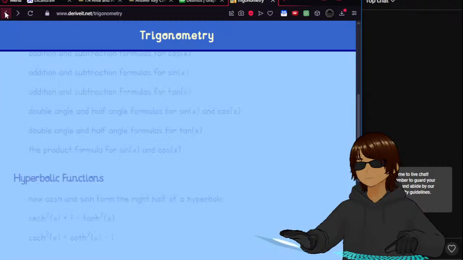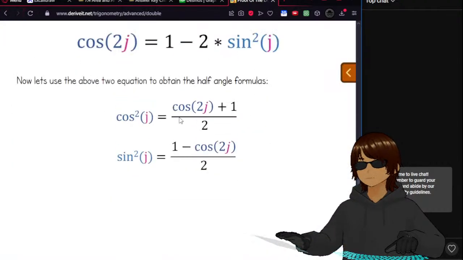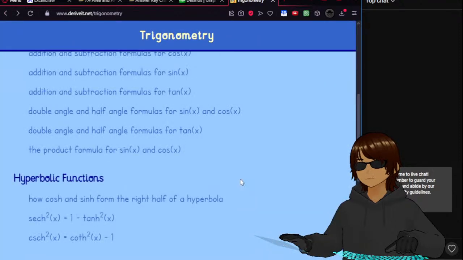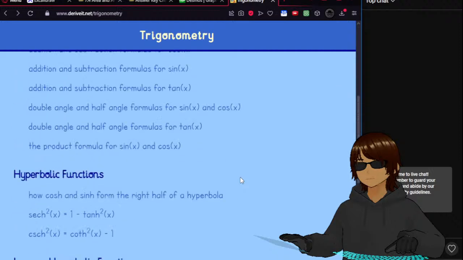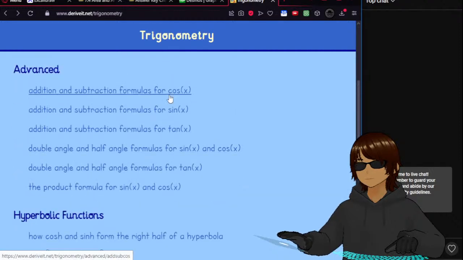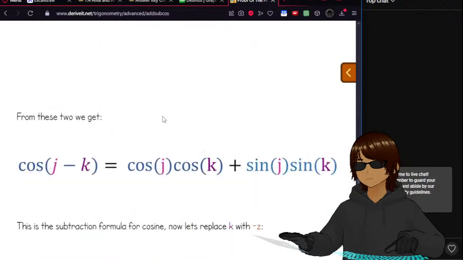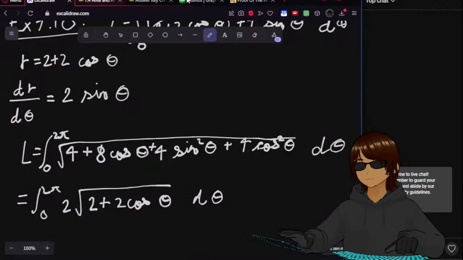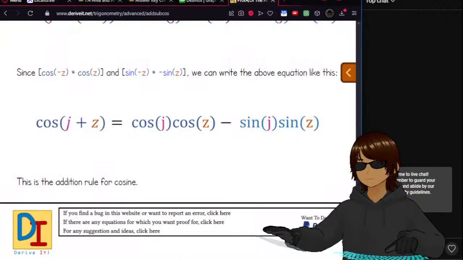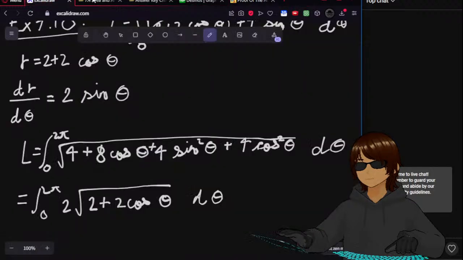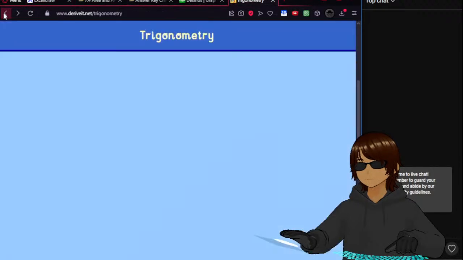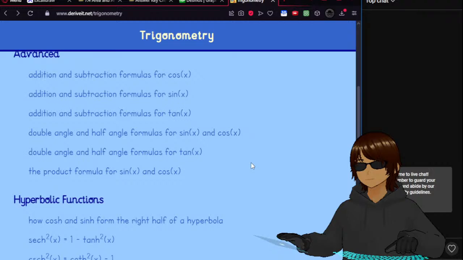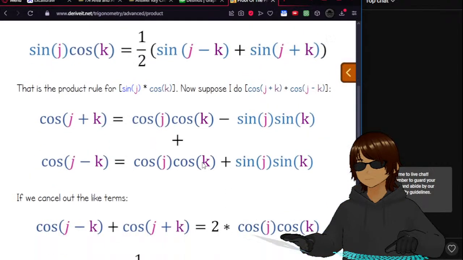Okay, we can use trigonometric rules, right? Let's see, product formula.